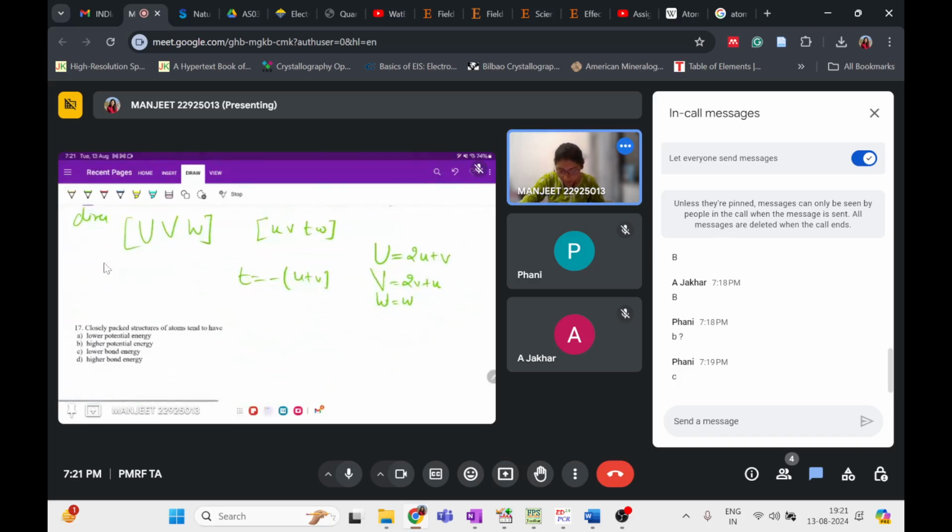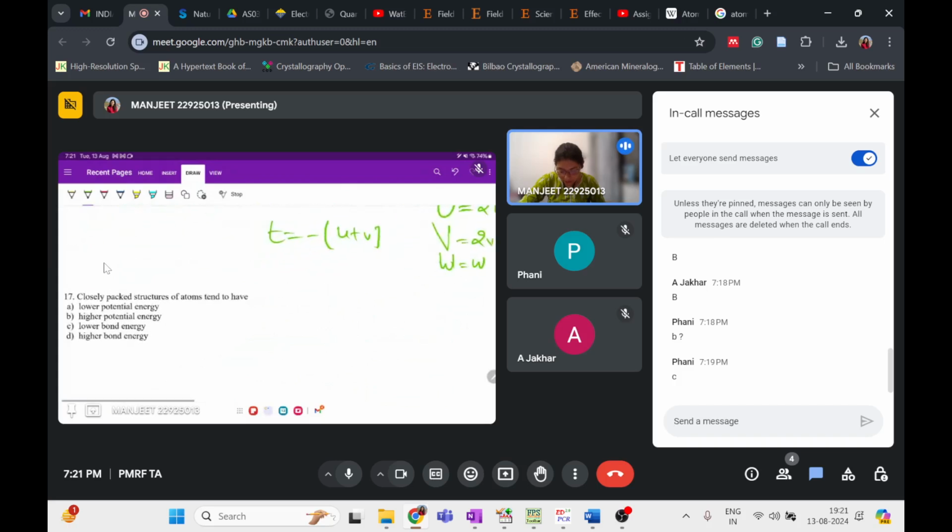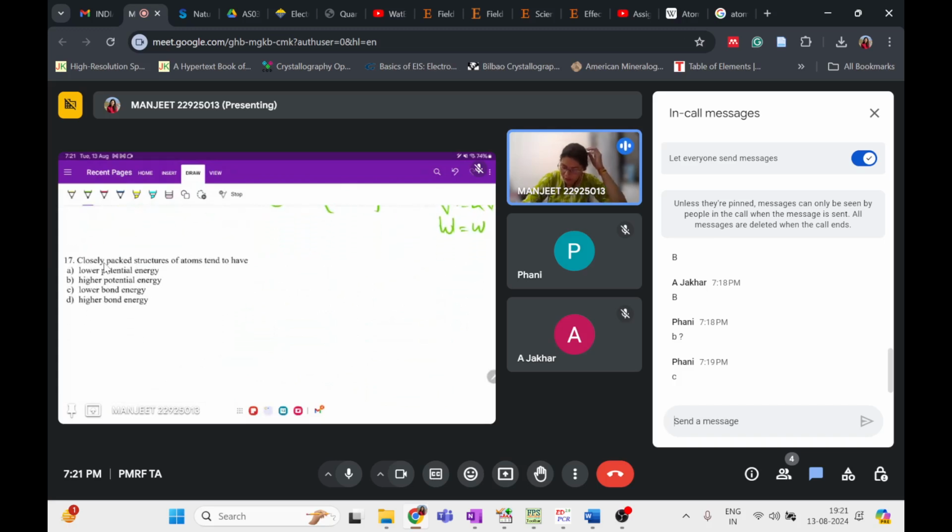Okay, let's move to the next question. The next question is all about what the closely packed structure of atoms tends to have. When the atoms are closely packed, do they have lower potential energy or higher potential energy, lower bond energy or higher bond energy? I guess in the first lecture we discussed how the force on the atom is stabilized here.